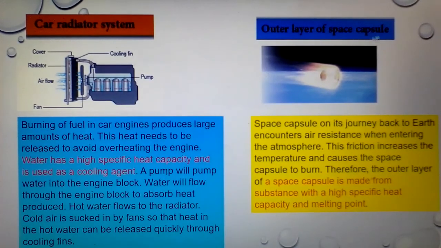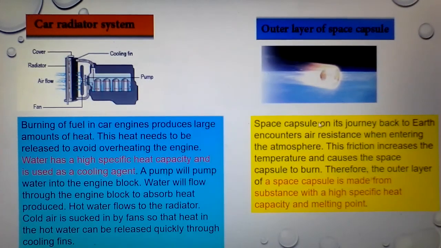Okay, outer layer of the space capsule. On its journey back to Earth, the space capsule encounters air resistance when entering the atmosphere. This friction increases the temperature and causes the space capsule to burn. Therefore, the outer layer of the space capsule is made of substance with high specific heat capacity and high melting point.